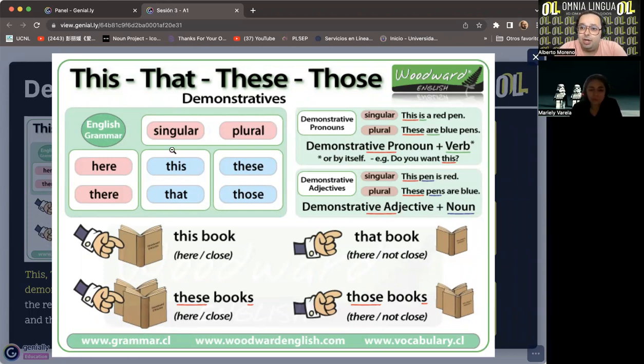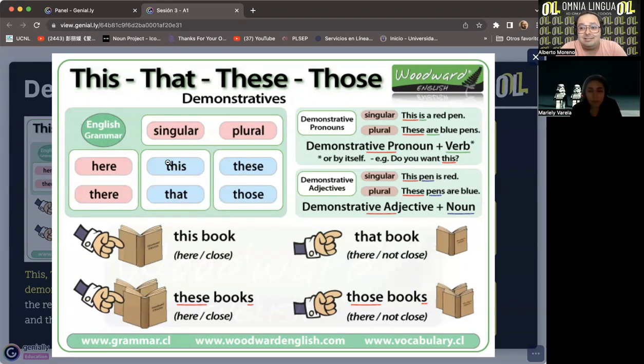We have two options for something that is close to us and two options for something that is far from us or the speaker. Depending on whether it's singular or plural is the one we are going to use. For something that is close, if it's singular, we use this, and if it's plural, we use these, okay?